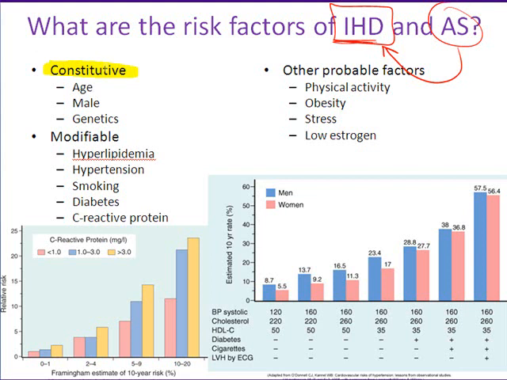One of them is age. The older you get, the more at risk you are of developing atherosclerosis and thus ischemic heart disease. Being male. Women have a protective effect associated with estrogen levels in their body, and as long as a woman is premenopausal, her risk of developing atherosclerosis and ischemic heart disease is much, much less than a comparably aged male.